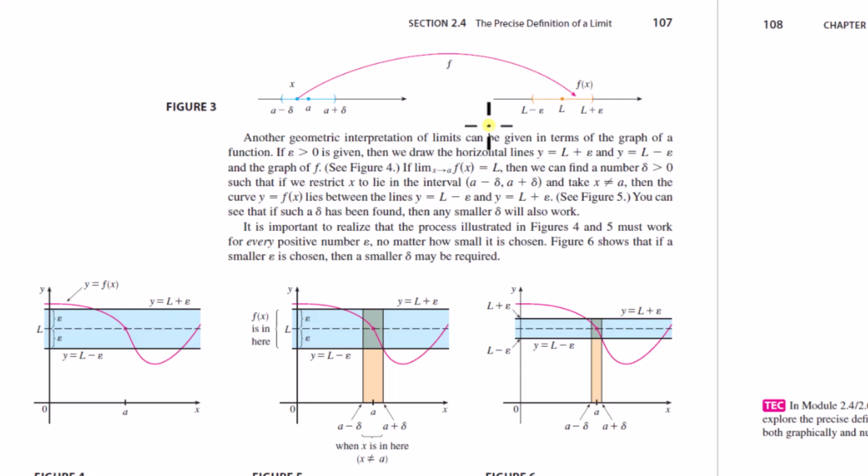There's no limit to this whatsoever, how close you can get to L or A. And that's the main idea of why the limit exists. It's because this doesn't all of a sudden break down if epsilon or delta is equal to 0.000 with a thousand zeros 1 or something. No, it never breaks down, no matter how close you get to A or no matter how close you get to L.